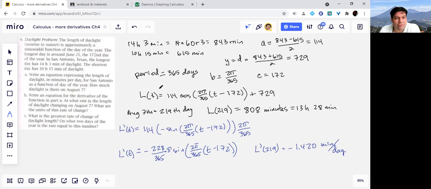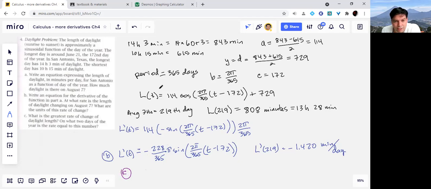Part C, what is the greatest rate of change of the daylight length? Okay, I guess this was part B, and the whole thing was part B, the blue thing. And part C, we're going to do it in purple. Greatest rate of change of daylight length, that is the greatest of L prime. And the greatest, we already know, is when the sine is negative, so it's going to be this value.